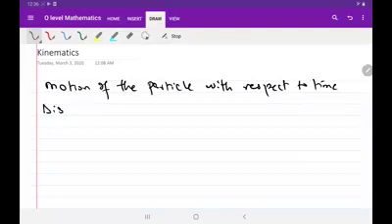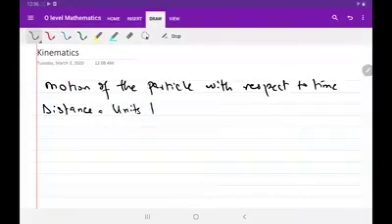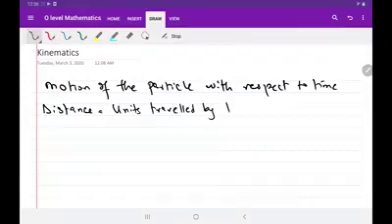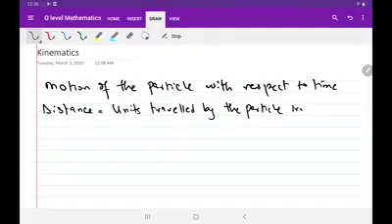The first terminology is distance. Distance refers to units traveled by the particle, irrespective of the direction.